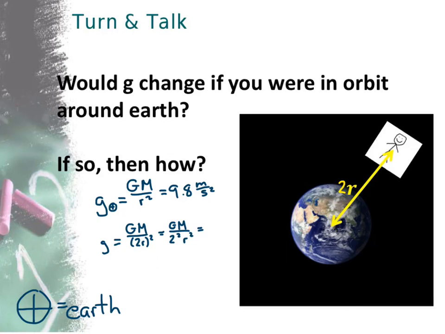And if we pull this 2 squared out in front, we're going to get 1 over 4 times G times m divided by r squared. So the acceleration due to gravity out in space at a distance of 2r is equal to 1/4 the acceleration due to gravity we'd have on the surface of the Earth. So if you double your distance from the planet, you are decreasing your acceleration due to gravity by a factor of 4.